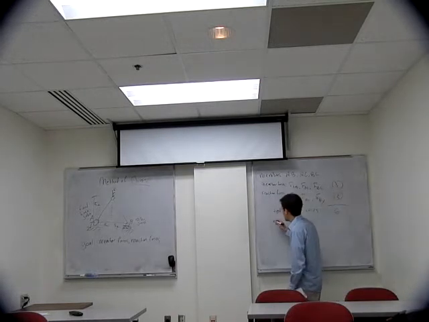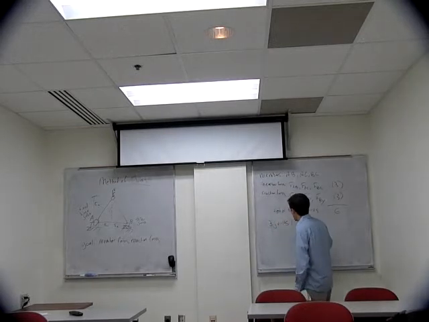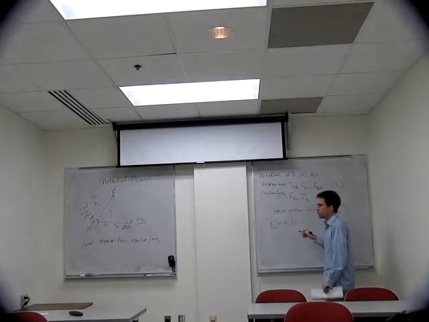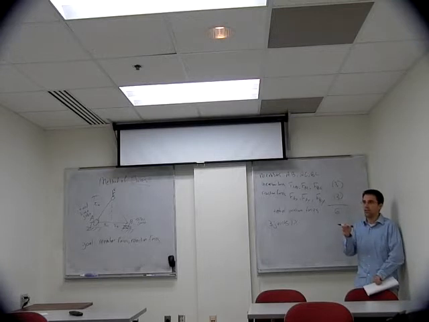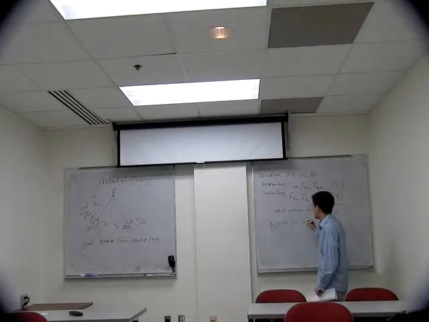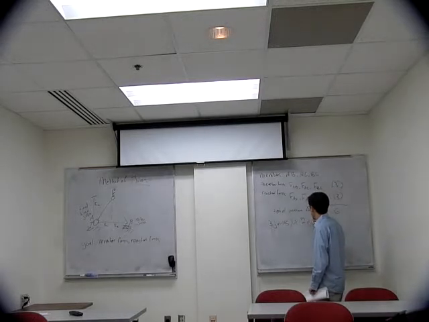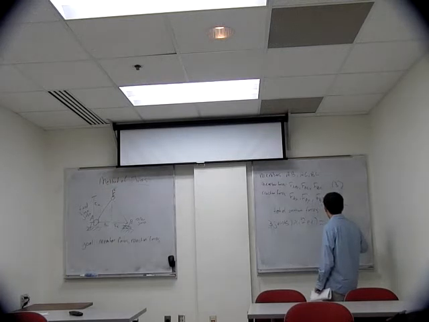We know that we can do this because we have 3 joints, and at each joint we can do the summation of all the forces in the X direction, and the summation of all the forces in the Y direction. So we can have at least 2 equations per joint, which will give us 6 equations.